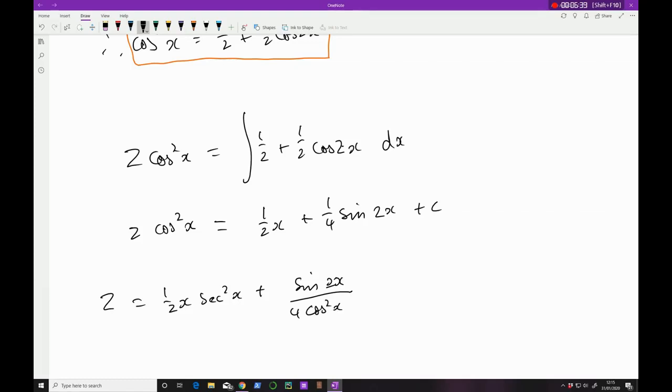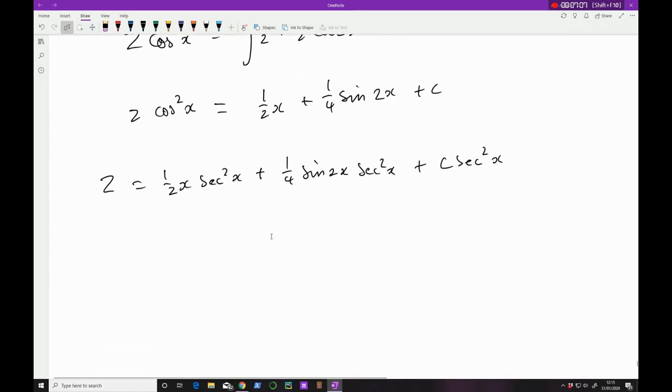Now I realize I can also just do a quarter sine 2x sec squared x, which I'm going to go ahead and do, plus c sec squared x. Okay. So this is our current solution.